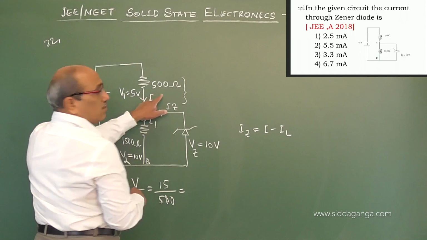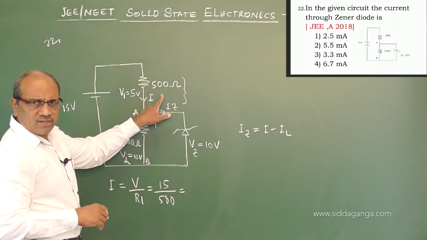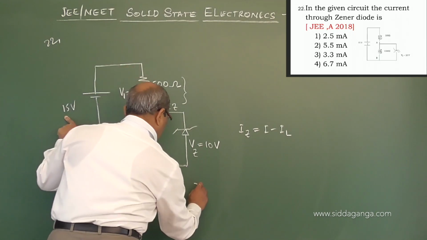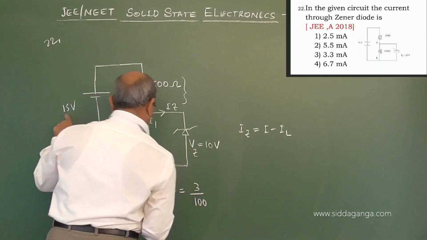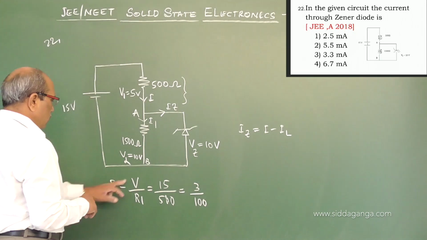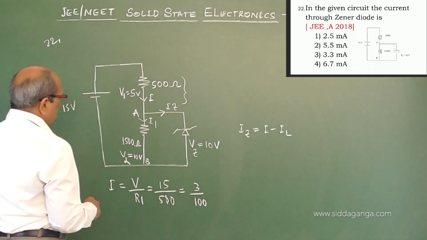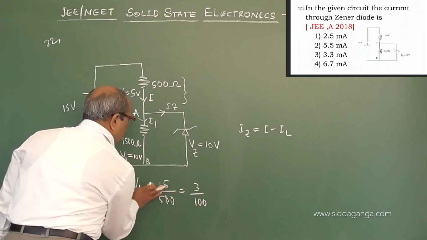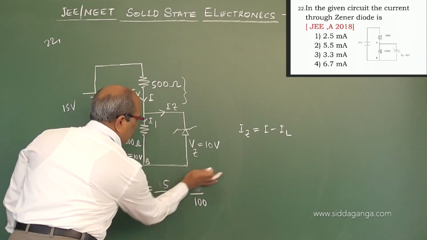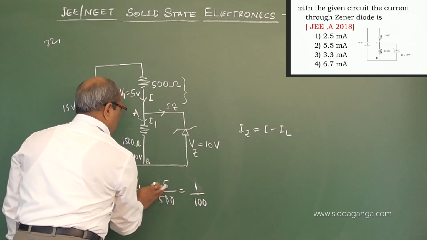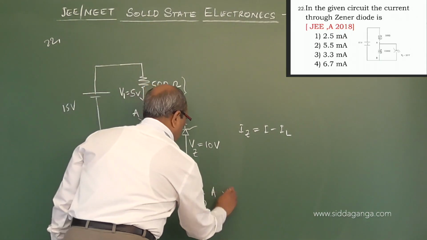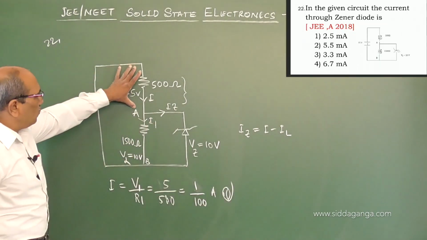Voltage across R1 is 5 volt, and the resistance is 500, so the main current is 5 by 500, which is 1 by 100 ampere, because we are connecting here only.